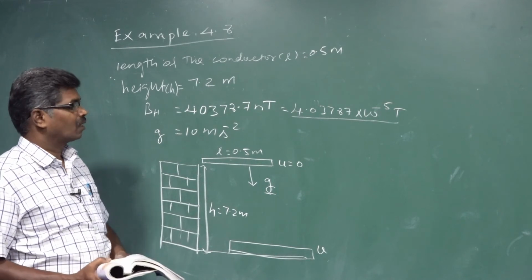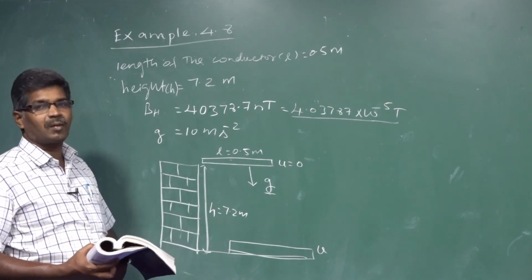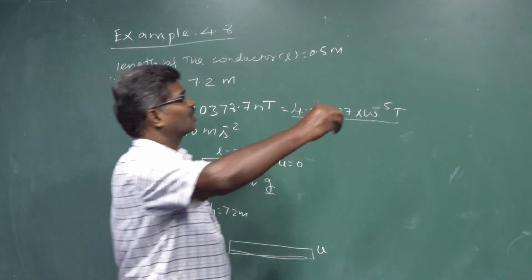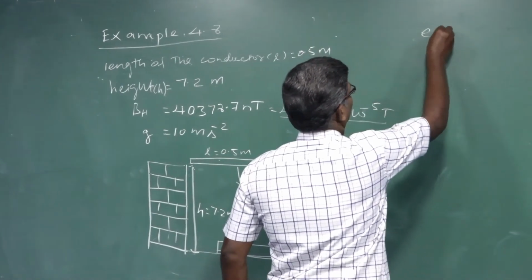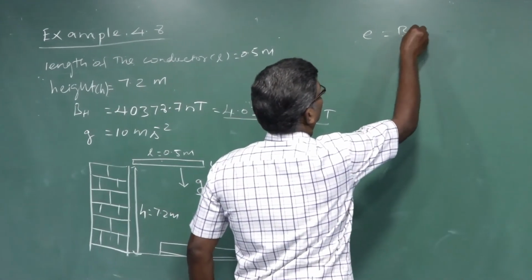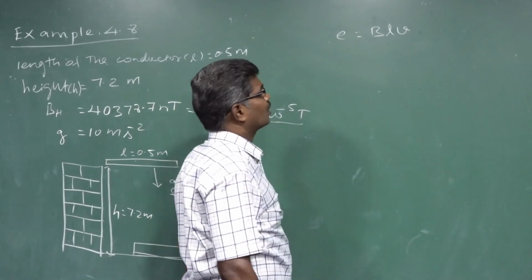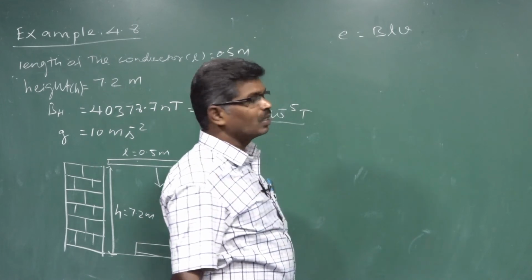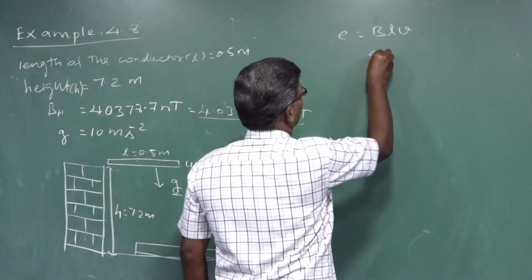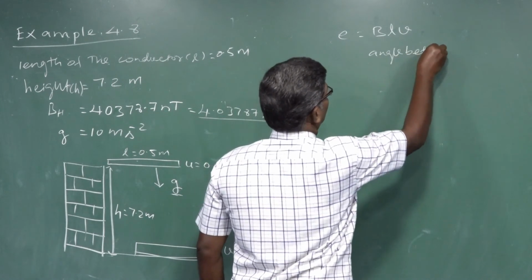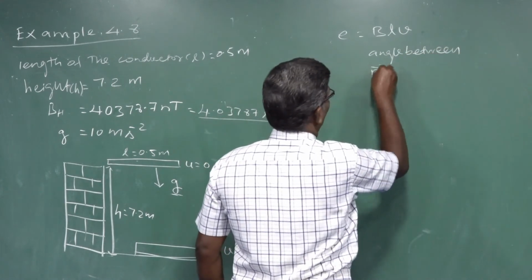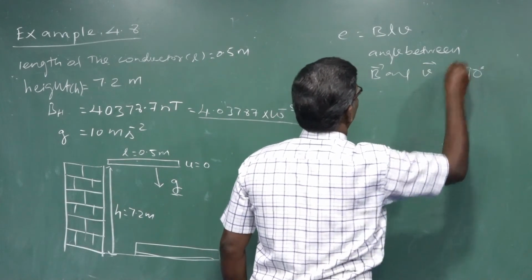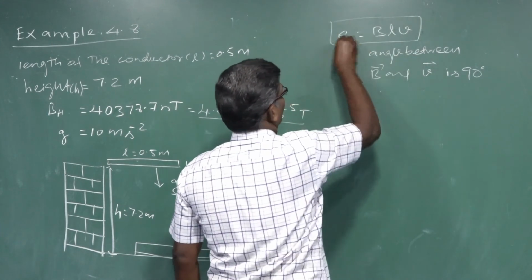That's why the induced EMF is going to take the formula E is equal to BLV. Here the angle between the B vector and the V vector is 90 degrees, so that's the maximum EMF induced.